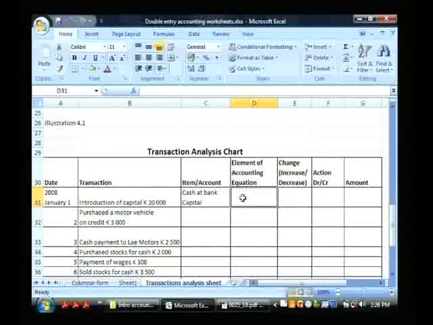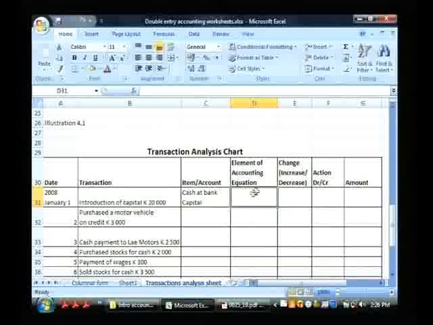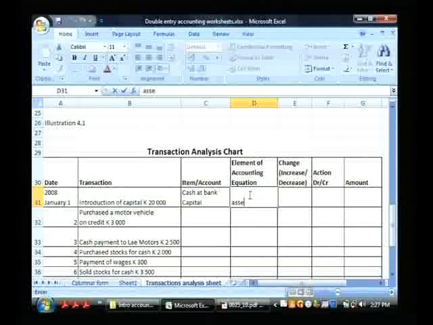Cash at bank belongs to assets, therefore right here asset, capital, owner's equity.